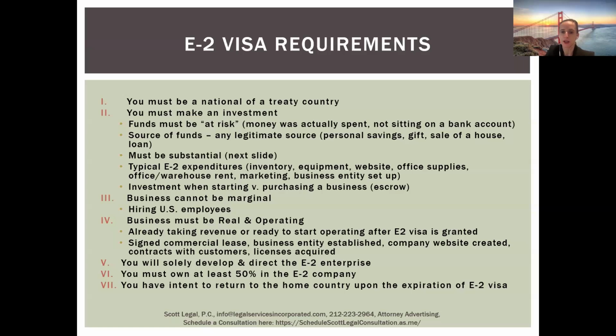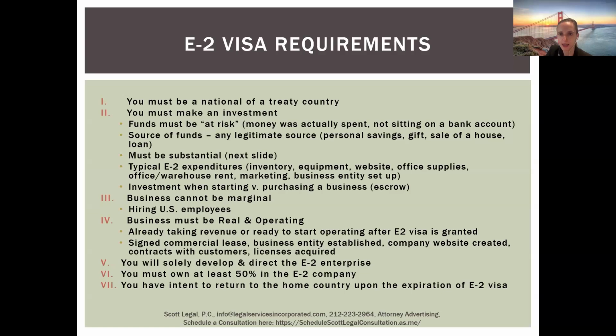So the next requirement is that you must own at least 50% in the E2 company. This is a requirement that has to be met at the time we apply for the E2 visa, but you always have to keep at least 50% ownership throughout the time you are in the US on an E2. This is really important to keep in mind.